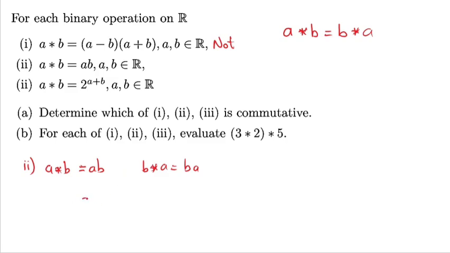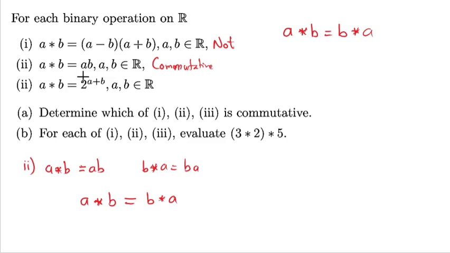Now, A star B is equal to B star A in this case, because AB and BA is just the same thing if we're multiplying. So this one is commutative.